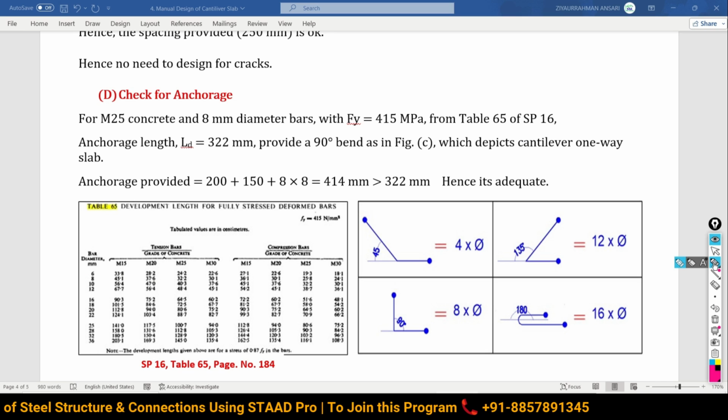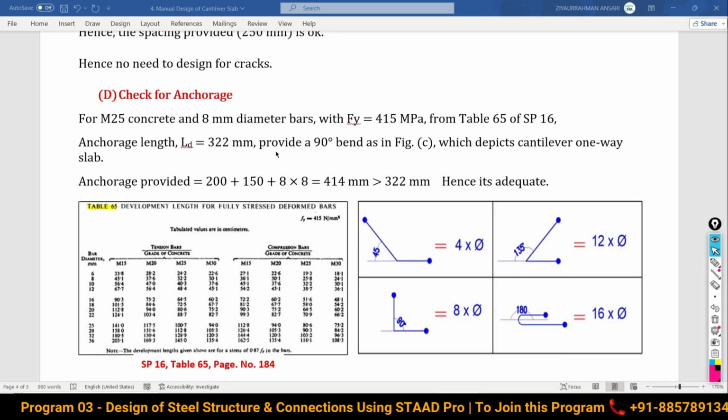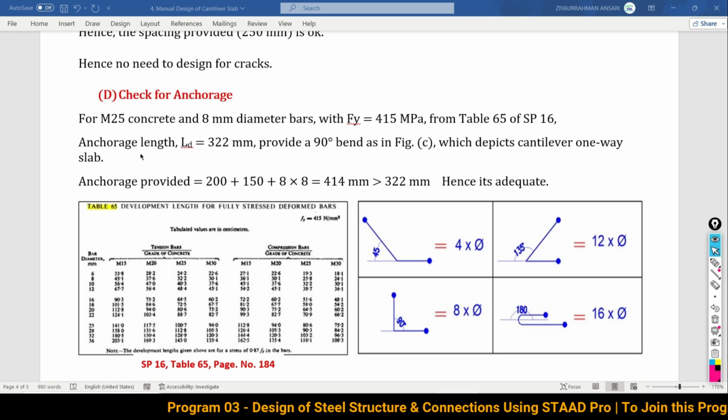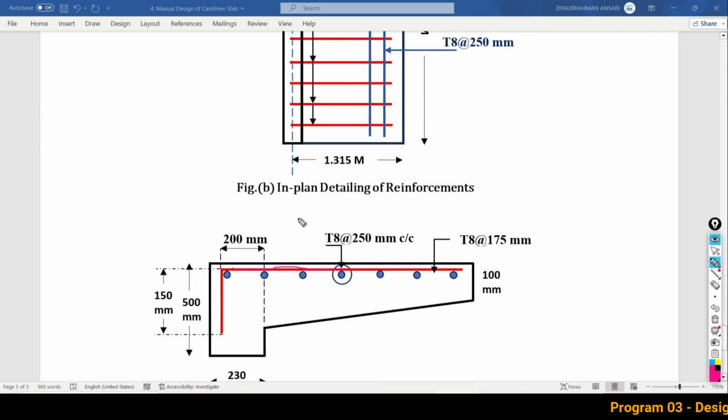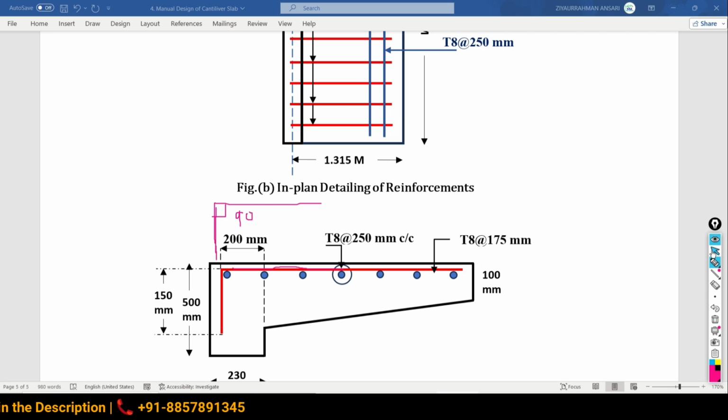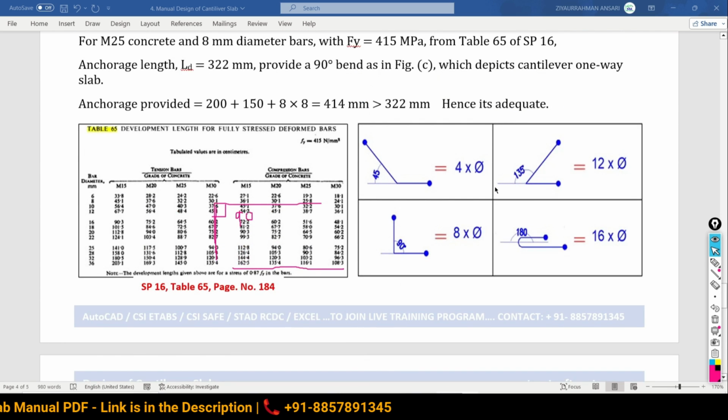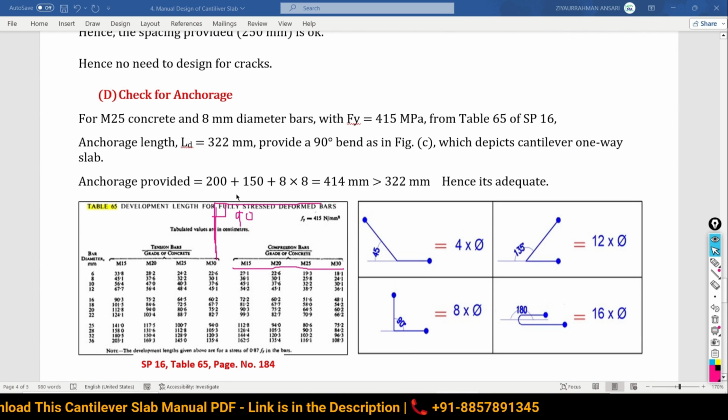But we have to check whether that much space is available to anchor the bar. We are going to provide a 90-degree bend of the reinforcement, because the bar is coming from here, so we provide the angle like this. This is going to be 90 degrees. How much span is available?